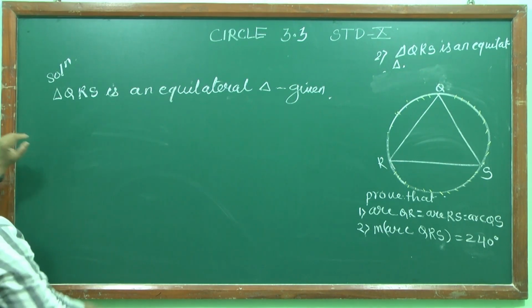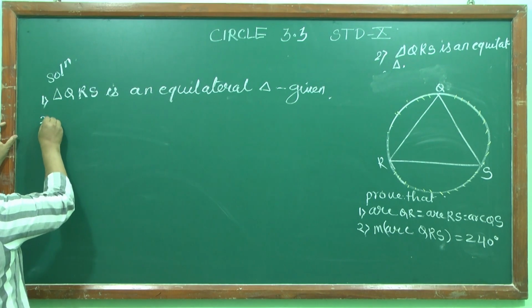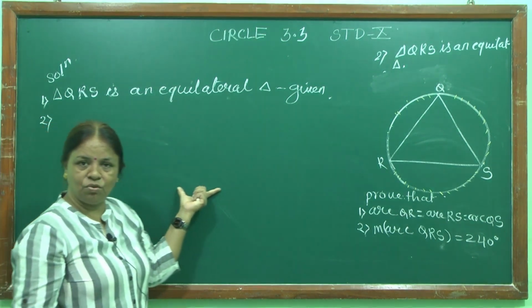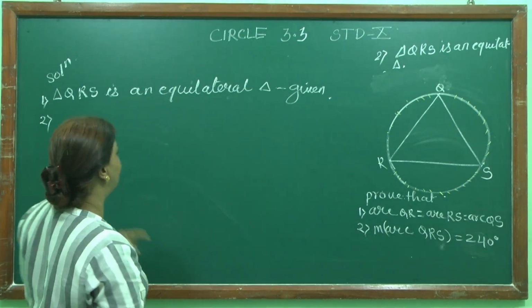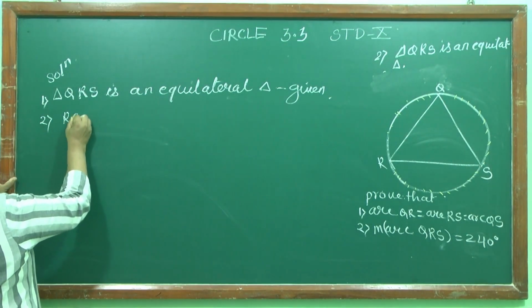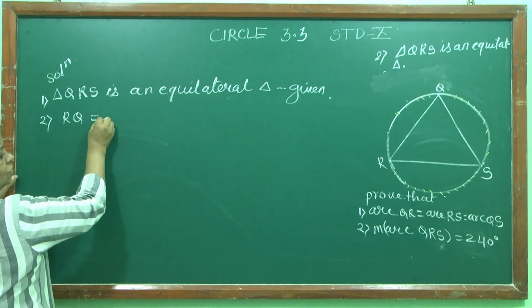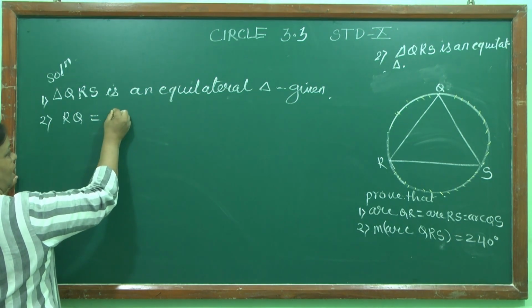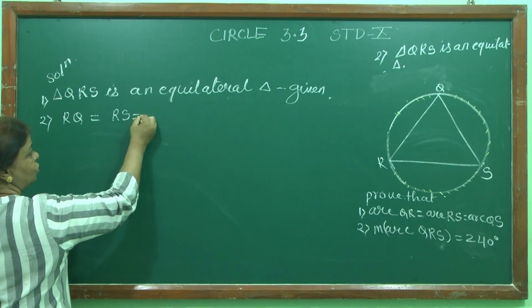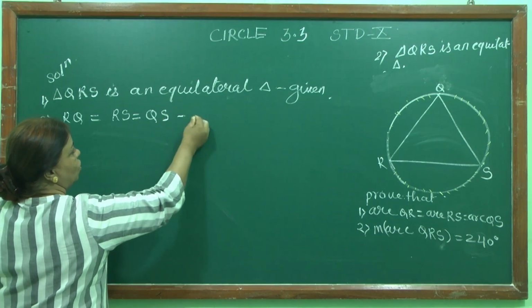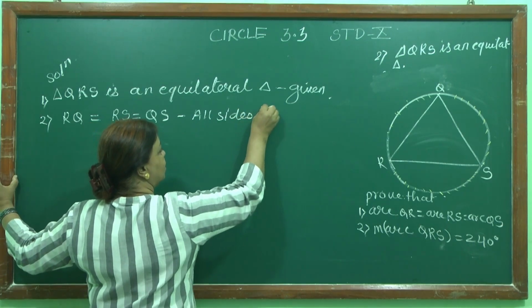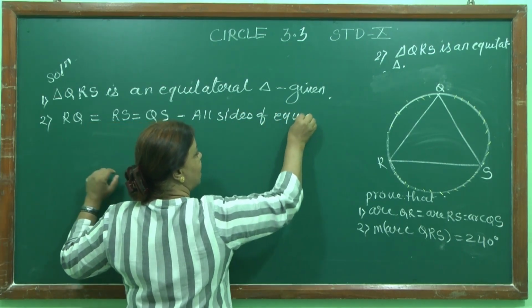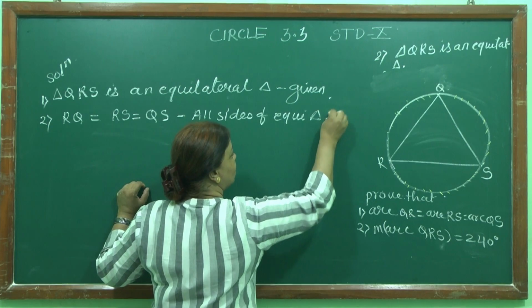Reason: given. If it is an equilateral triangle, children, everybody knows that all the sides are equal. So I can write down RQ is equal to RS is equal to QS. All sides of an equilateral triangle are equal.